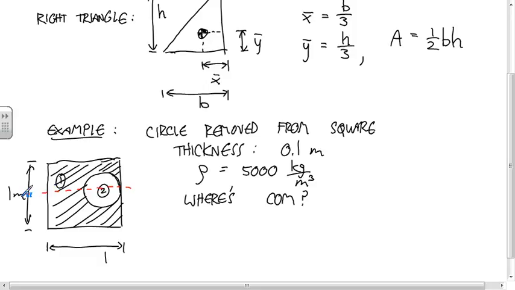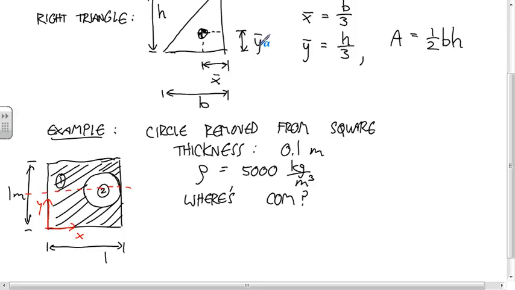So that means that if we use a coordinate system, say we put a coordinate system here like this, we don't have to figure out the y height. We can just get that from symmetry. We just have to figure out the x location of the center of mass. So that cuts the amount of work in half.